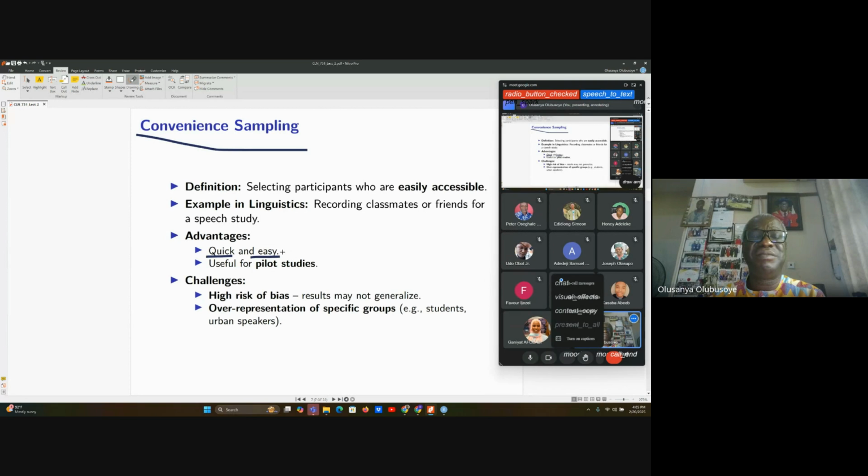And again, there's no problem if you are carrying out pilot studies. Pilot studies are usually done prior to the main study.